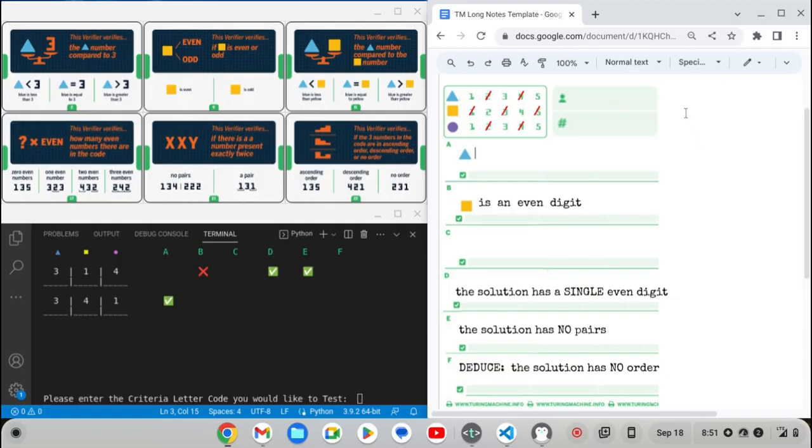And of course, that really helps us out, because now we can cross out the 1 and the 5. Just experiencing a little bit of lag time here. Okay, so there's our 3. Now let's test criteria card C.